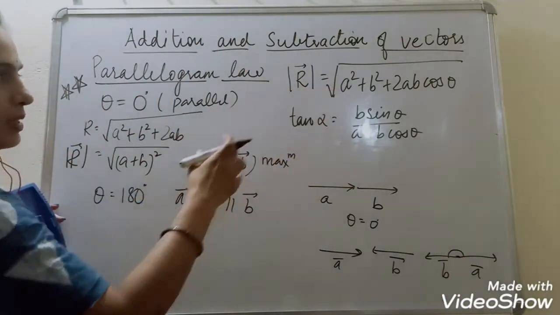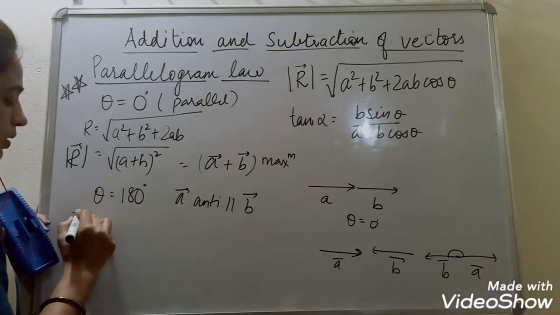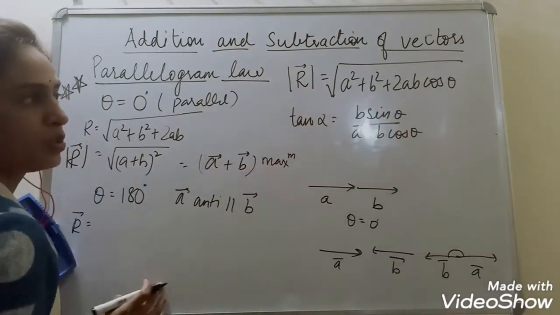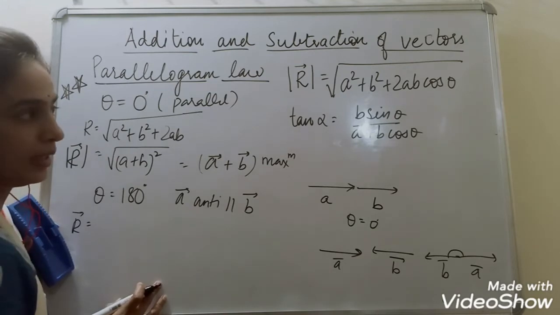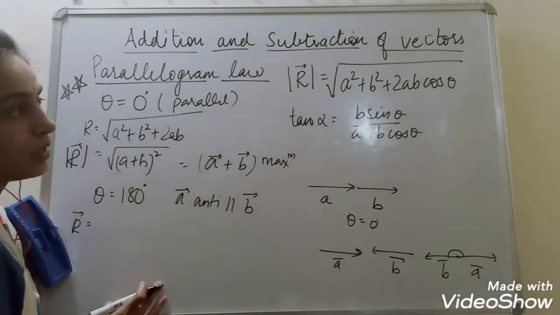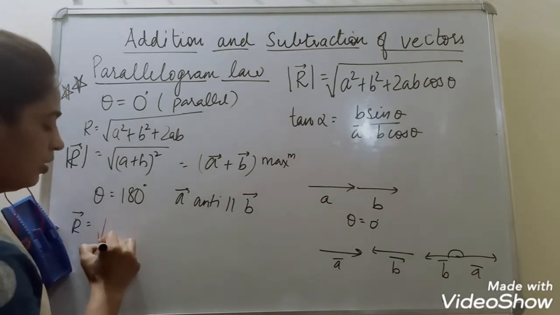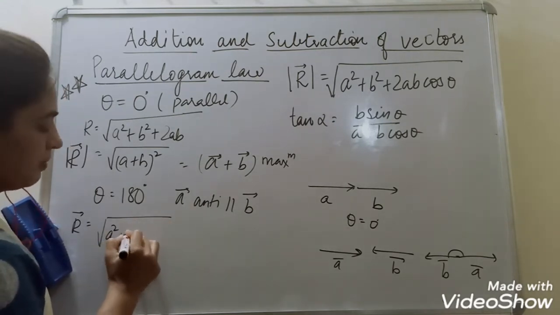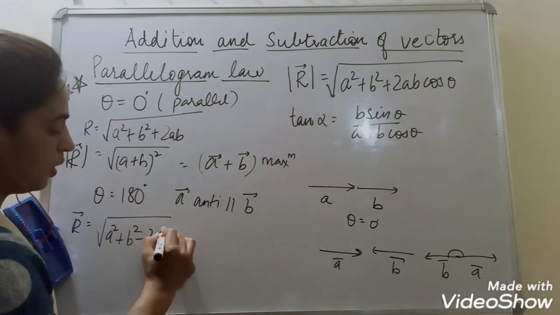So in that case, the resultant will be equal to the square root of A squared plus B squared plus 2AB cos 180 degree. Cos 180 degree is minus 1, so you will get the square root of A squared plus B squared minus 2AB.